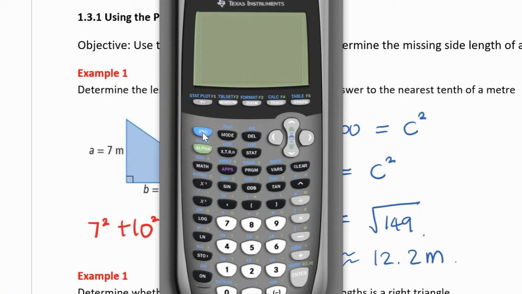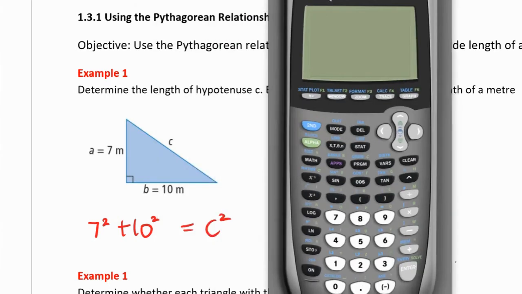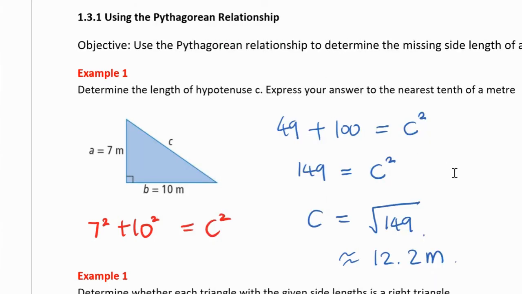Sometimes you don't have to hit second or shift at all, because the square root sign is right on the button. In that case, you don't have to hit second or shift. All right, let's move on.